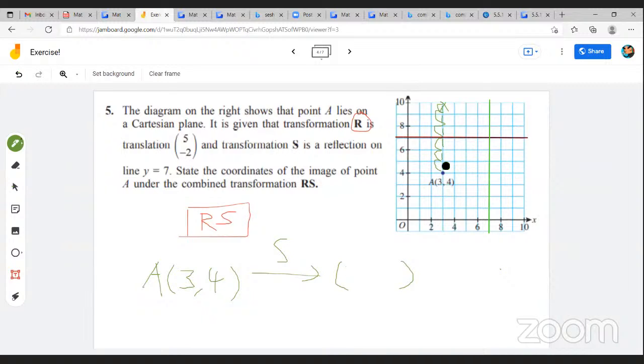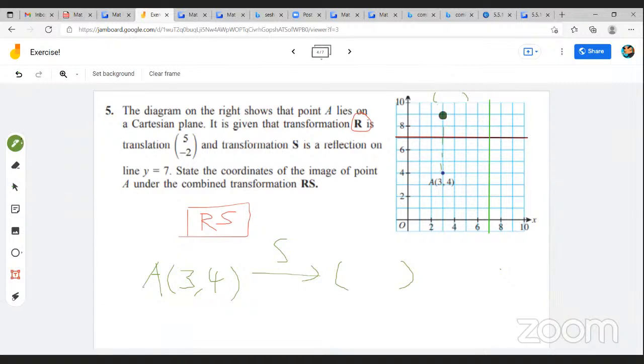The origin is (3, 4). So what's the coordinates up here? If you're not sure, then I can explain. But yeah, basically reflection works like that. Can you repeat your question? Oh yeah.